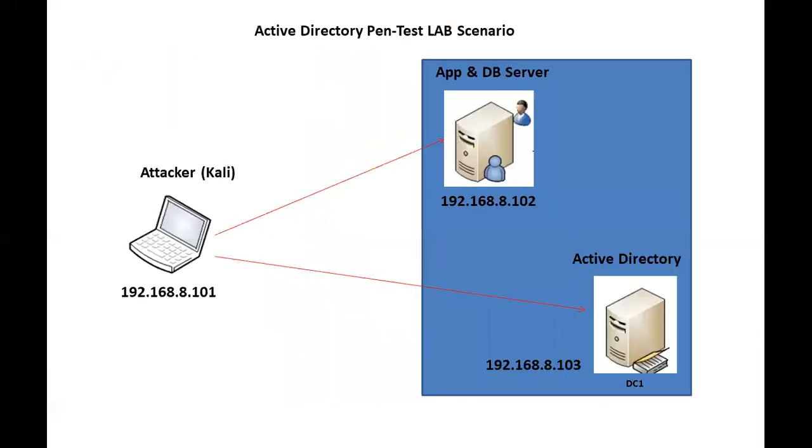So let's take a look. This is a scenario of our lab, what we'll be going into. We have an attacker running Kali, then we have our Active Directory server, and of course we have an application server.